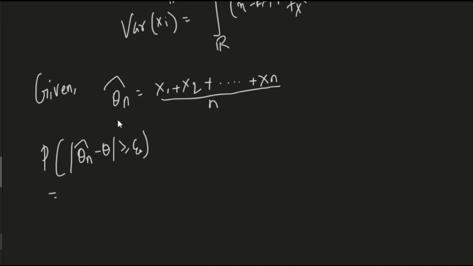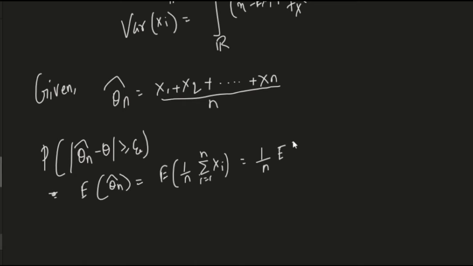Now this means that we can use Chebyshev's inequality here, because we see that E of theta n cap is E of 1 by n summation of i equals 1 to n Xi, which is 1 by n times n theta, and this becomes theta, right?